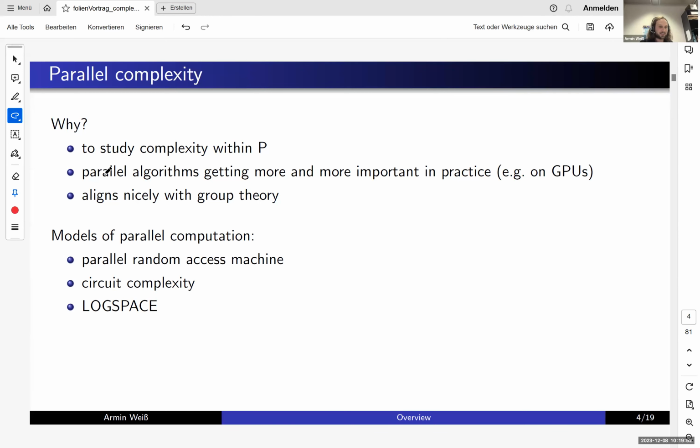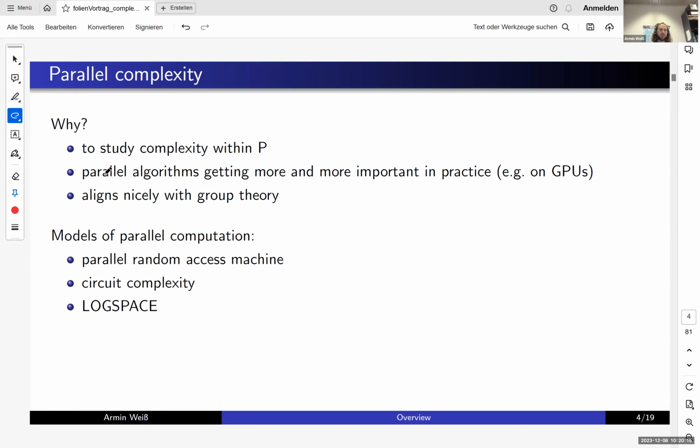Now, there are several models of parallel computation. The first one is the parallel random access machine, which is essentially a theoretical model for a GPU. The second is circuit complexity, which can be thought of as a theoretical model for actual hardware circuits, not on the level of transistors, but on the level of OR and AND gates.